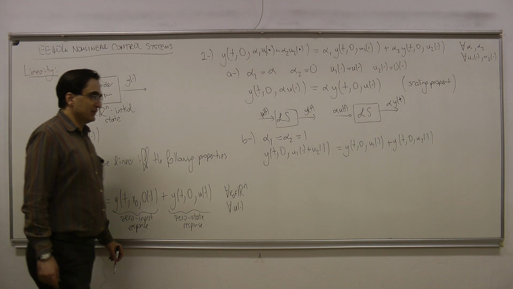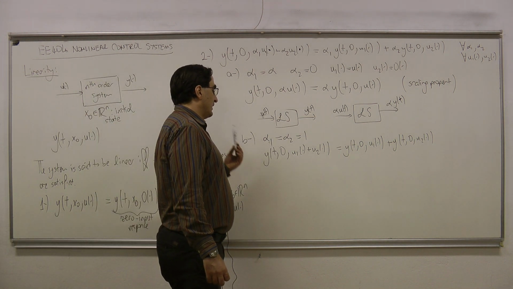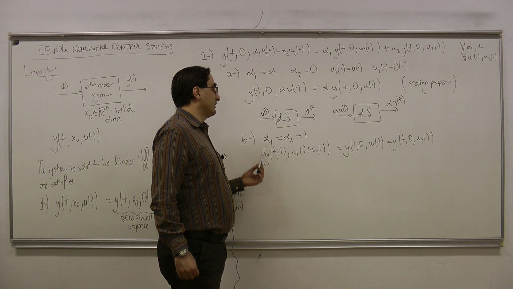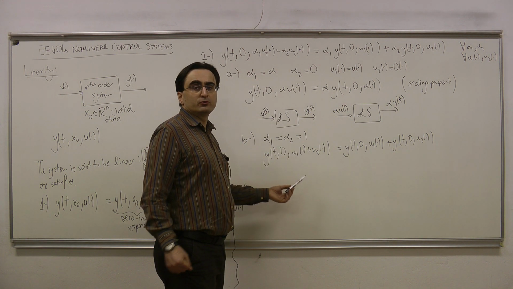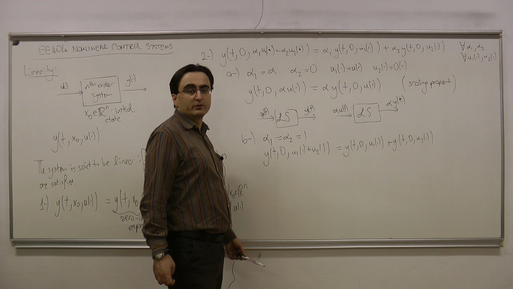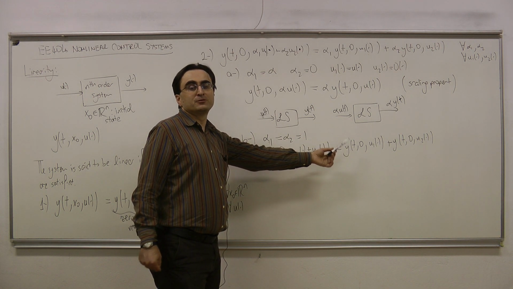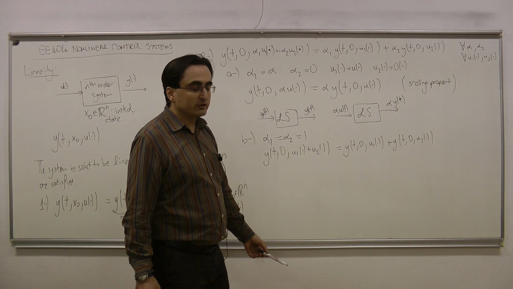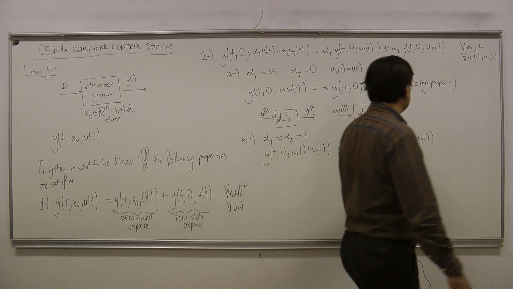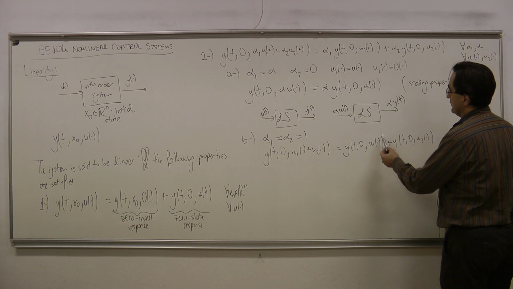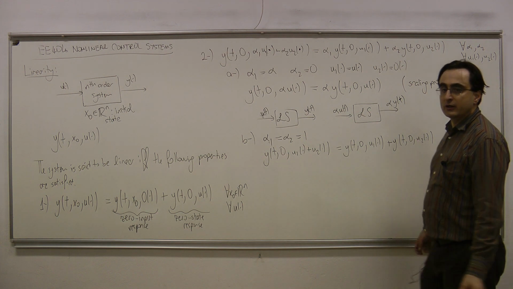So in a linear system, if I give this summation of the inputs to the system with 0 initial conditions, the output would be the summation of the individual outputs that I would get if I gave this system these input functions individually.